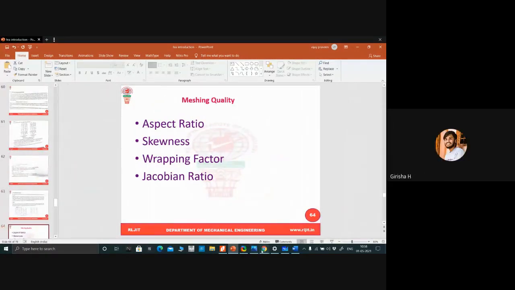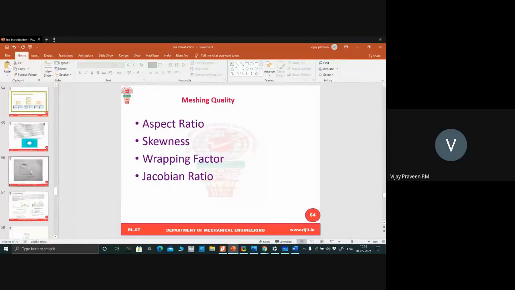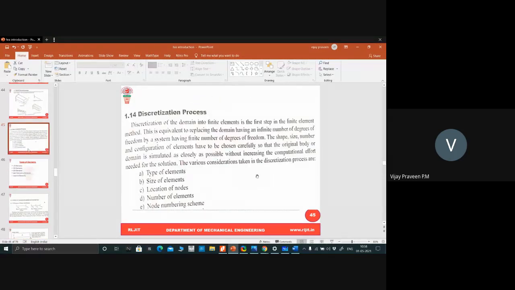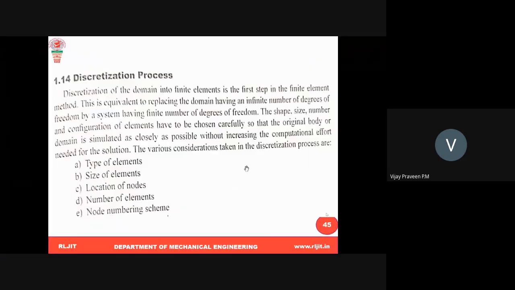Node number is very important. So this is about the factors which affect what? The discretization process. What are those? Again, I will repeat: types of element, size of element, location of nodes, number of elements, node numbering scheme. In the next class, I will ask you the same question.